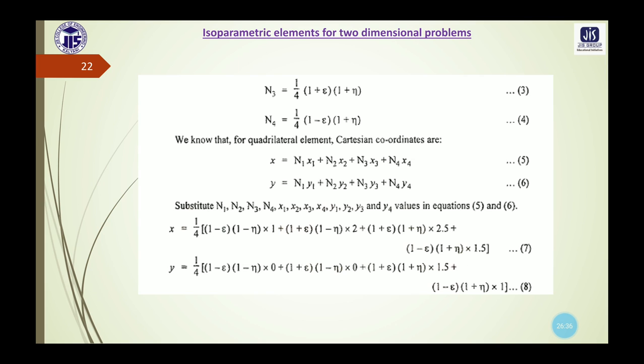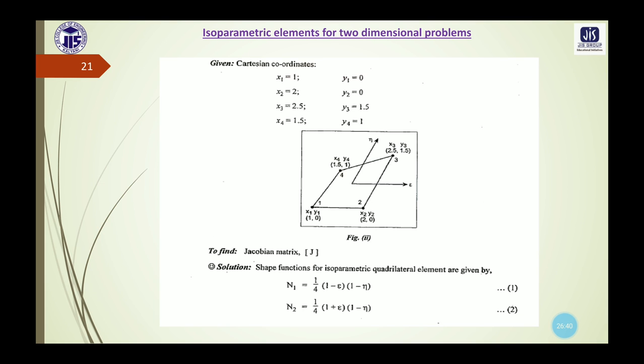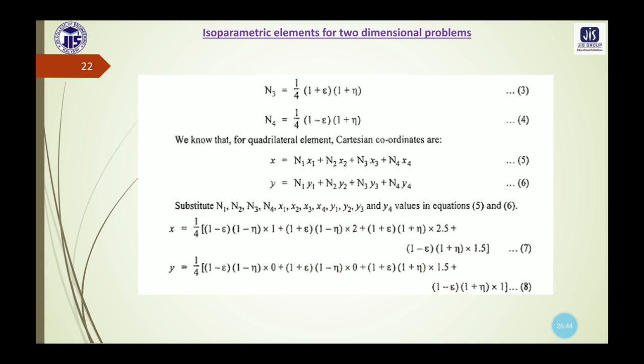Then the value of x1 is given as 1 in the coordinates. In this manner we need to put all the values of N and the Cartesian coordinates for the 4 different nodes. Finally we get equations number 7 and 8.